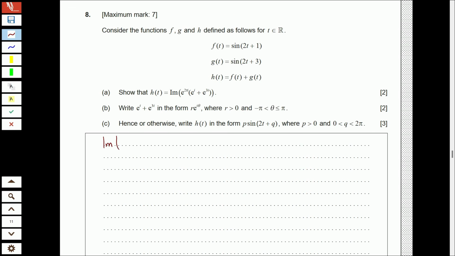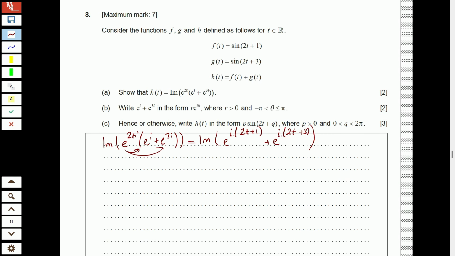Let's check this complex number first. If you distribute e to the power of 2ti in the parentheses, you will see e to the power of i times (2t plus 1) plus, distributing for the second one, e to the power of i times (2t plus 3).